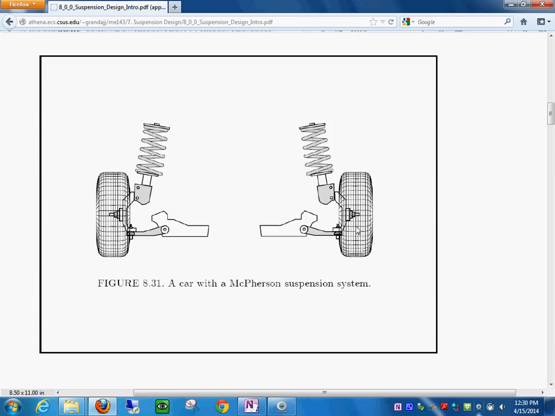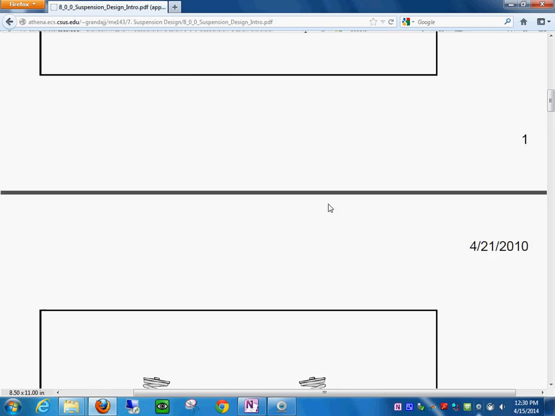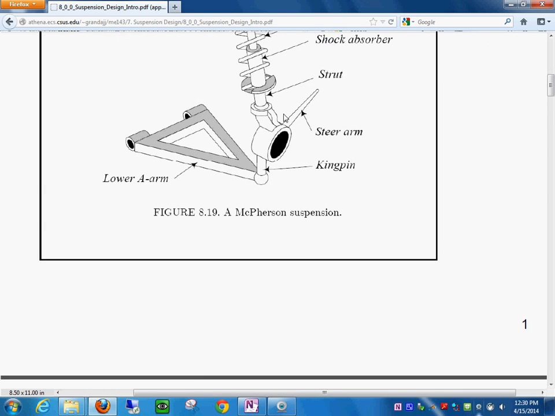Here is another type of suspension. Here we have a McPherson suspension. You can see that the vehicle has the lower arm in here, the connection, the side view of this part in here that has the steering arm and this whole assembly.